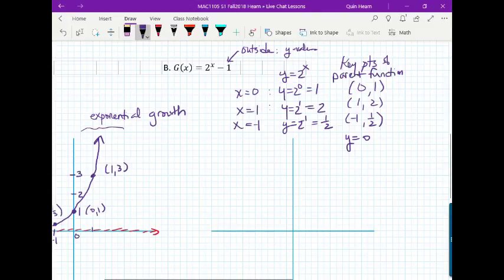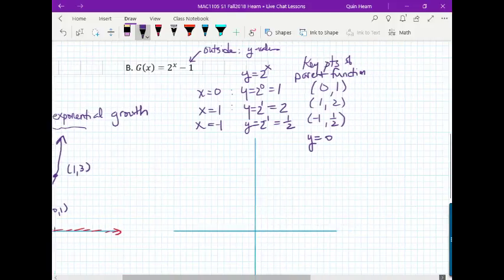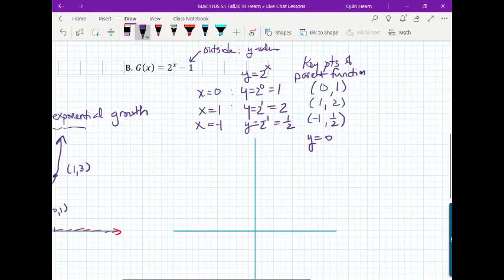It's going to subtract 1 from each y value. So if the key points on the parent function 2 to the x are these, then all we need to do is subtract 1 from each y value, and we can figure out where the new function will be located in the coordinate system.